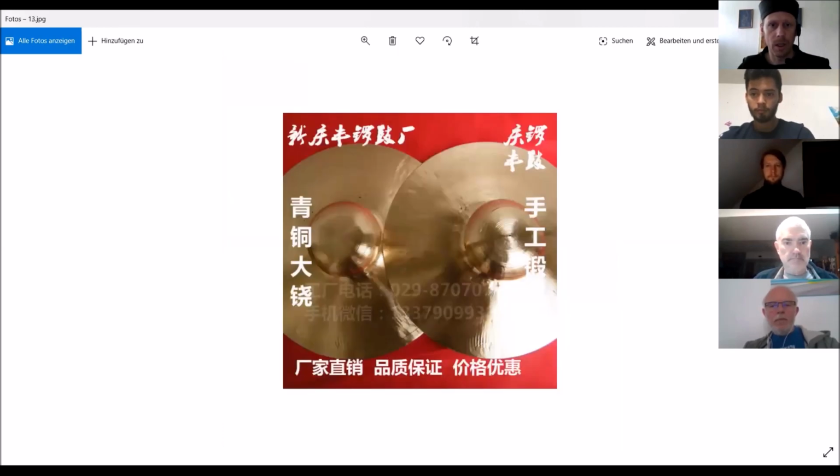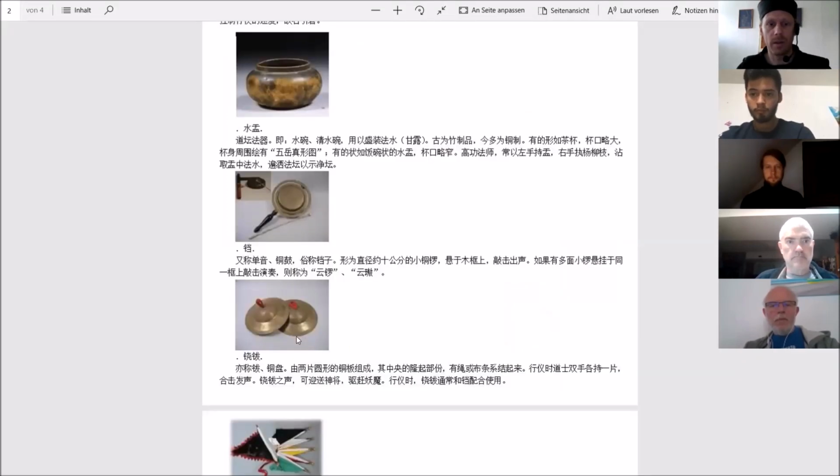So like I already mentioned, the next part is the cymbals, which is one of the more difficult instruments to learn, the naobo. With the big cymbals, there are lots of rhythms you need to learn as a Daoist priest or a Daoist practitioner who uses the instruments or practices ceremonies.